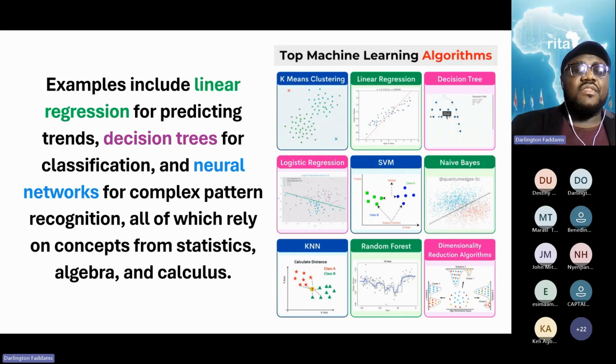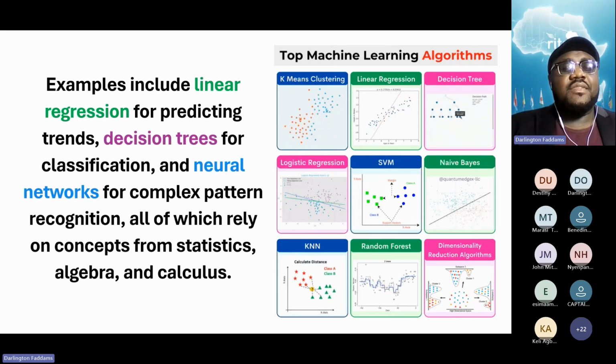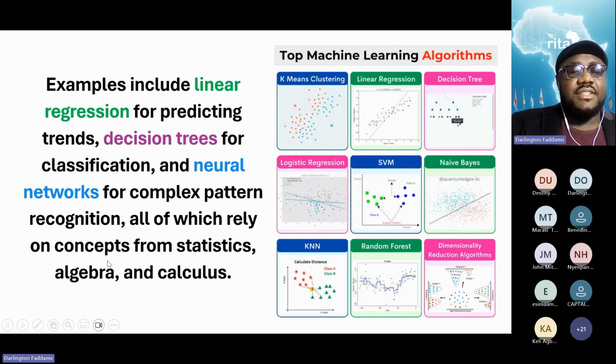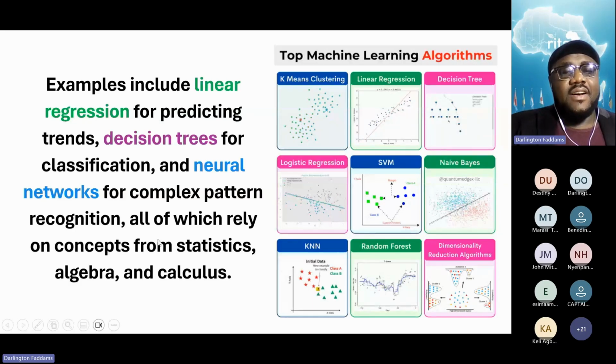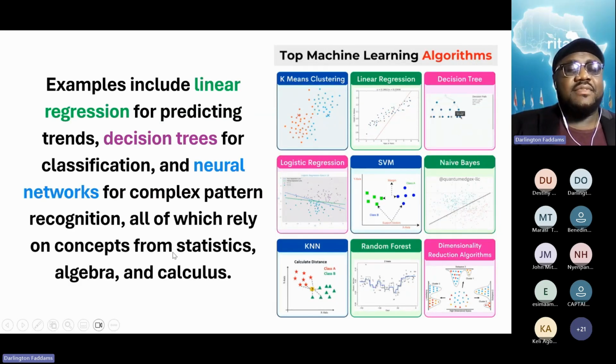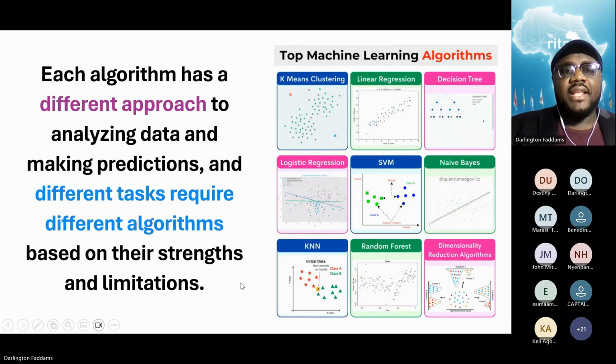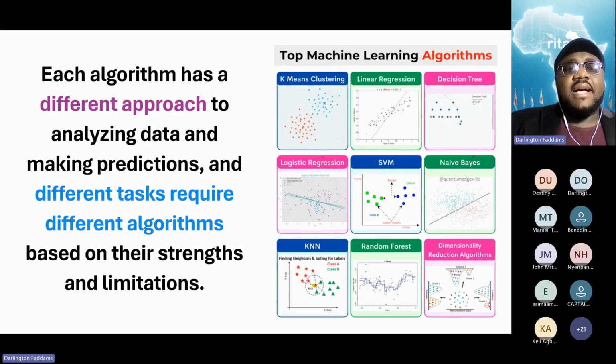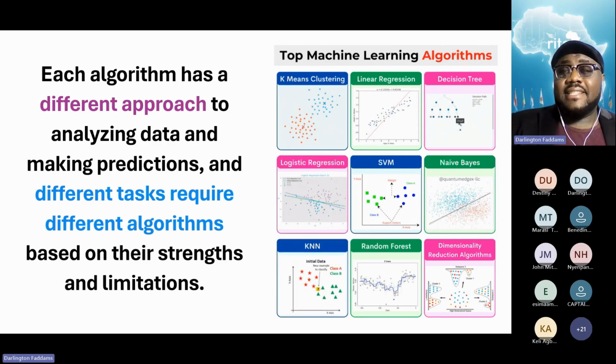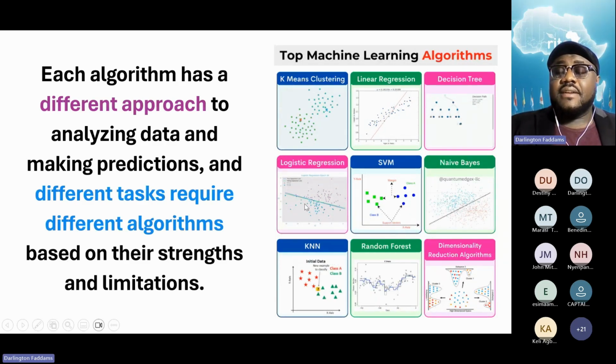Later on, we'll move on to neural networks for complex pattern recognition, and all of which rely on concepts from statistics, algebra, and calculus. Each algorithm has a different approach to analyzing data. And so today we are going to look at logistic regression.